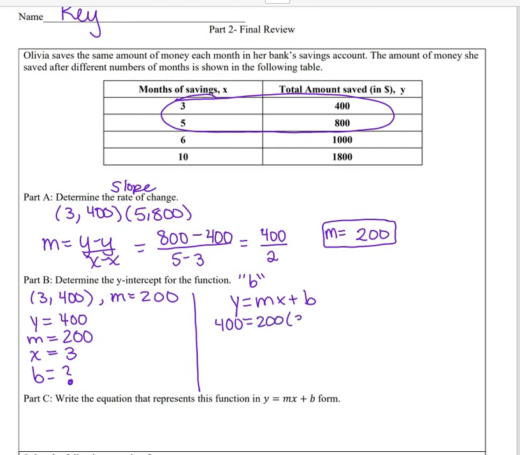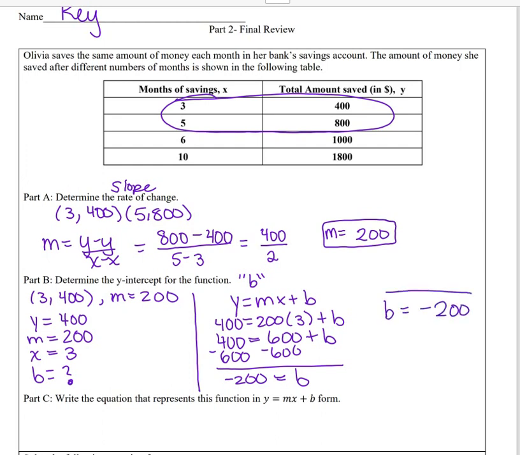My x value is 3, plus b. I'm going to bring down the 400 because I can't simplify that side, but I have 200 times 3, which is 600, plus b. To get rid of the 600 that's being added to the b, I'm going to subtract it over, and my b value is negative 200. So my y-intercept is negative 200.